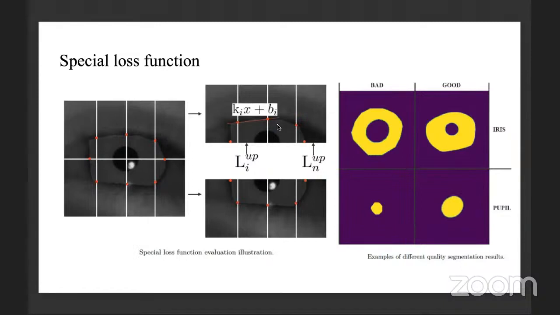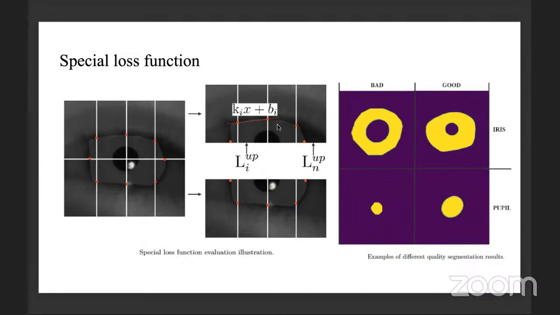We fit, formally speaking, a straight line with these 2 dots, and we make the same procedure for all the parts, for upper and lower parts also.